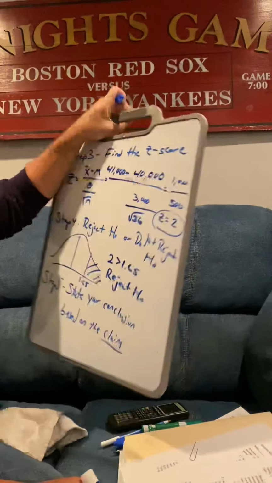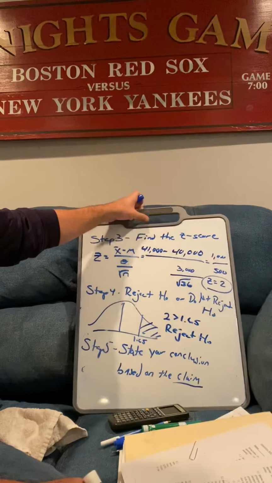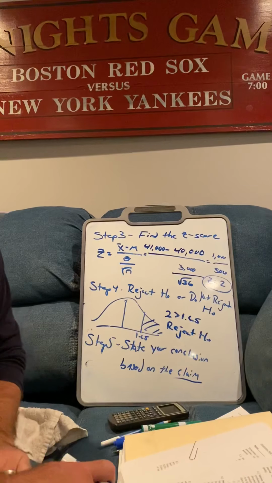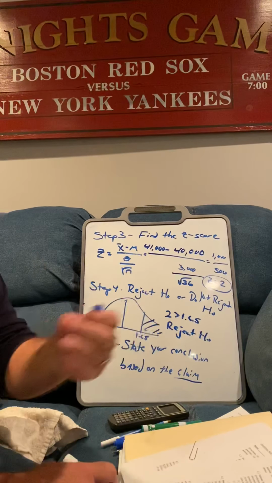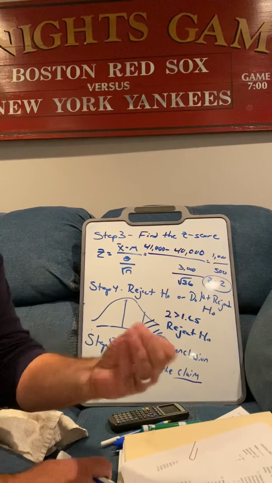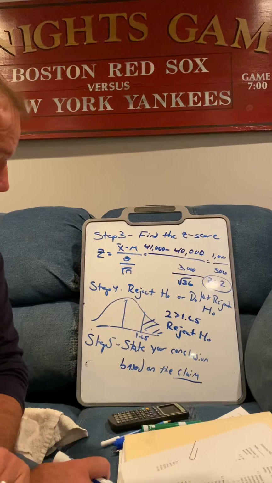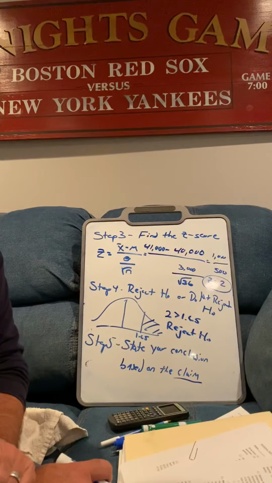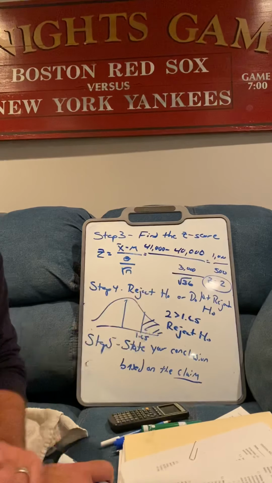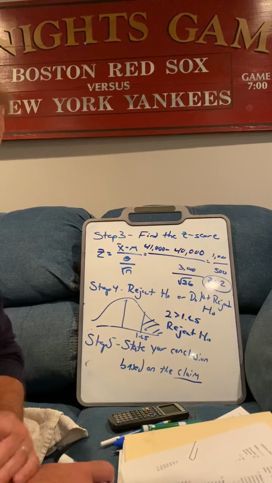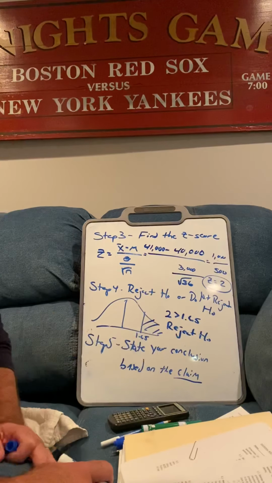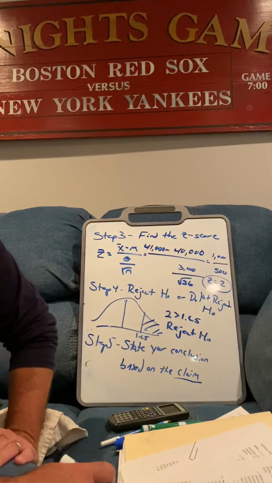So when you state your last step, your conclusion has to be based on the claim. And the wording that you have to use, and yes, you do have to write a little bit of a sentence, a little bit of a paragraph, is: there is enough evidence to support the claim, or there is not enough evidence to support the claim. So in this case, we would say there is enough evidence to support the claim that they make more than $40,000.